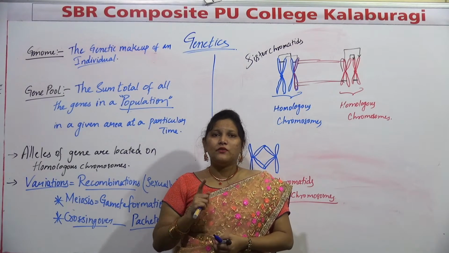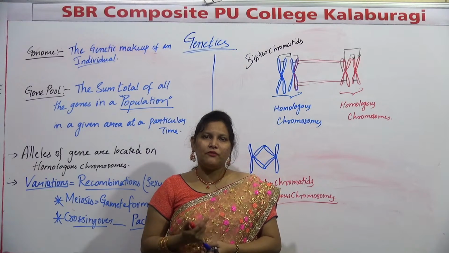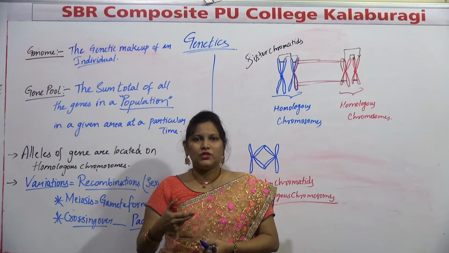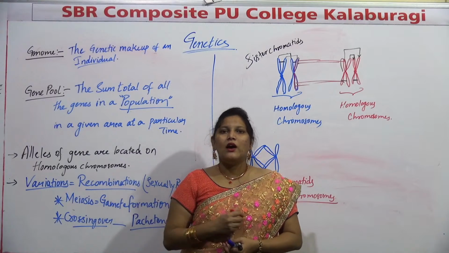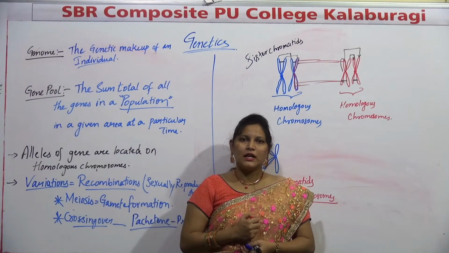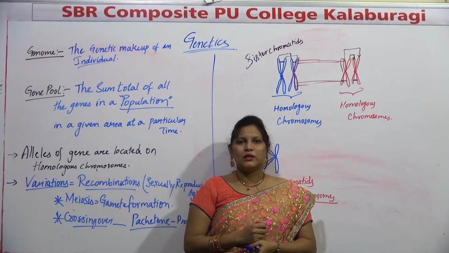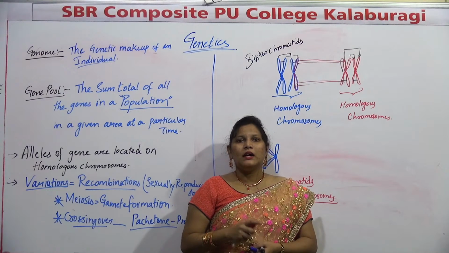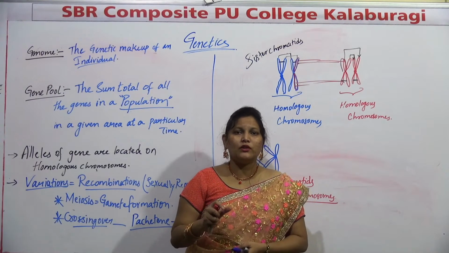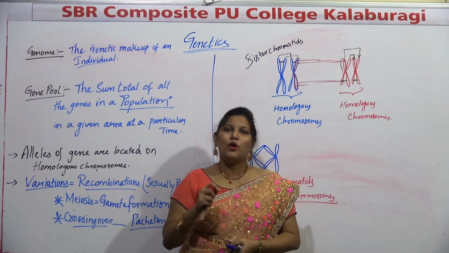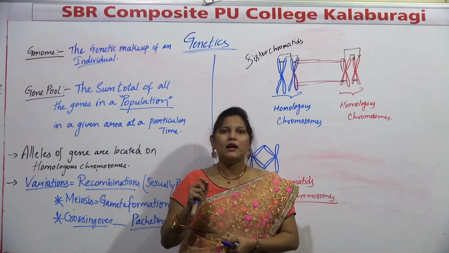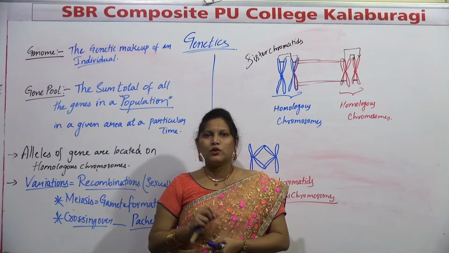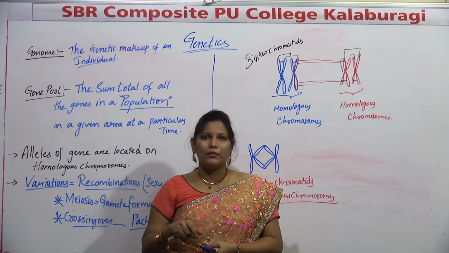And the character which is never expressed in the F1 generation is expressed in the F2 generation, that is, homozygous recessive individuals. He also stated that the pairing or fusion of the gametes is purely by chance and in a random manner. So these are the outcomes of the monohybrid cross.